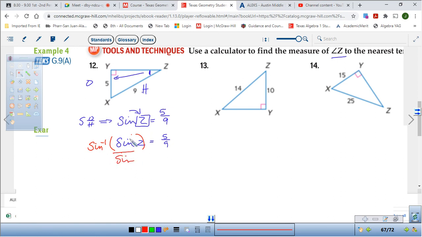If I divide sine by sine in my head, the exact same thing over the exact same thing cancels out. I'm just going to write it like this. So I'm going to multiply this side by the inverse sine, slash I'm dividing it. These cancel out, and I'm left with Z is equal to, you have to type this into your calculator.